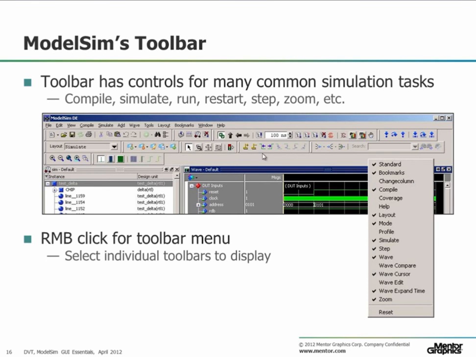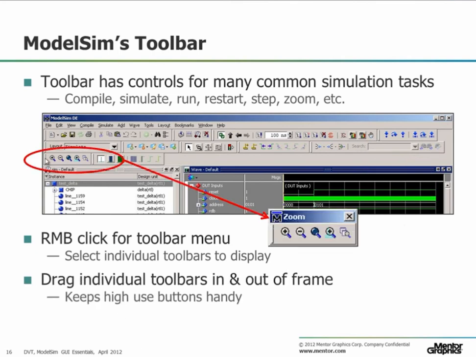Because sometimes there's things in there that maybe I don't care about, this compile menu, or I might not care about the simulate or some of the other things. So I can right-click and I can check or uncheck which toolbars to display in this window.